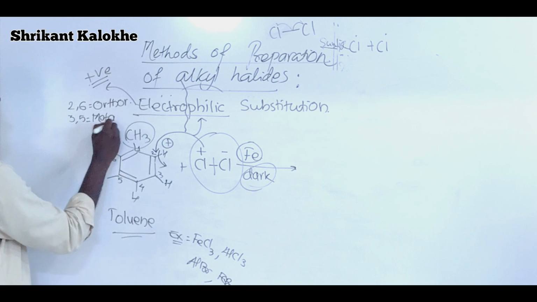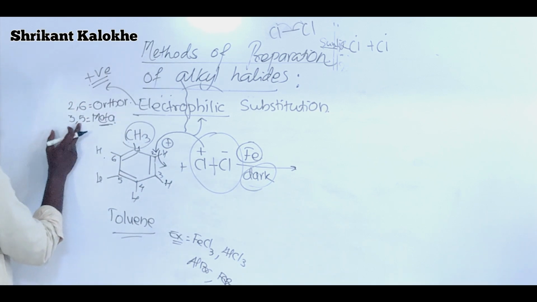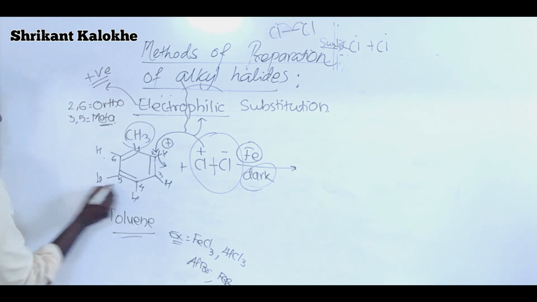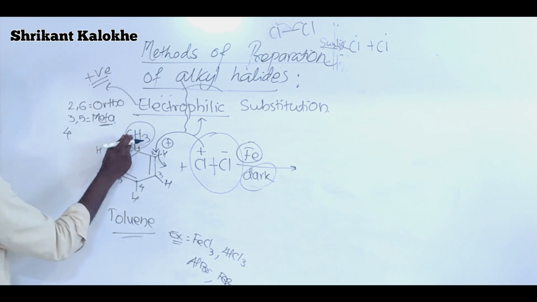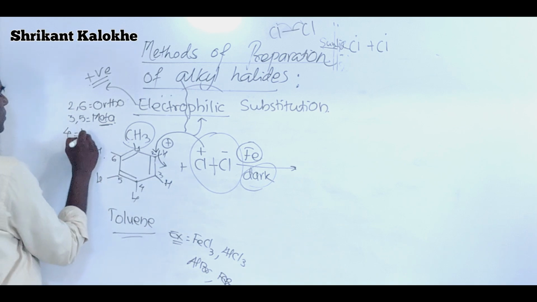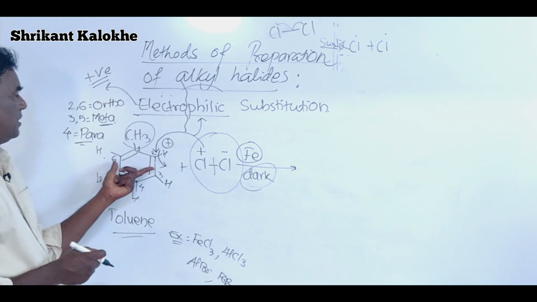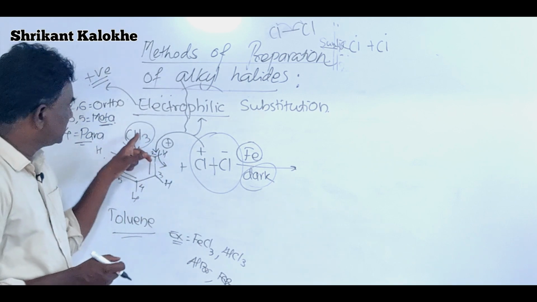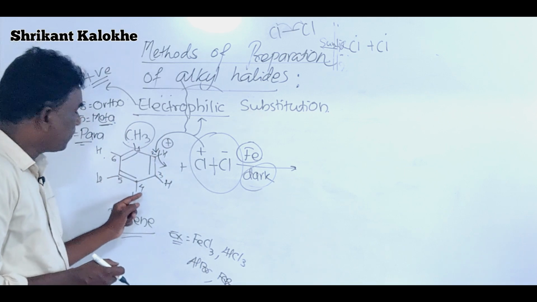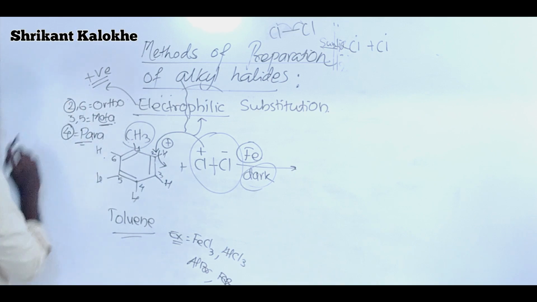In common name system, those positions are not shown by the numbers 2 and 6 or 3 and 5, but they are shown by these prefixes ortho and meta. And the only one 4 position for this monosubstituted benzene ring, with respect to this methyl, position 4 is known as para. And it has been suggested that because of this plus I effect of methyl group, the substitution takes place at 2 and 4 position. That means the substitution takes place at ortho and para position.